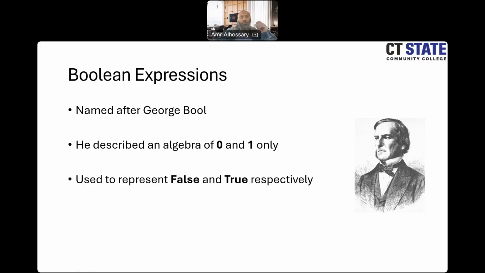In my first presentation about data types, I talked about Boolean expression, and I mentioned that Boolean is named after George Boole, who described an algebra based only on zeros and ones, and they are used to represent false and true respectively, and hence the name Boolean.